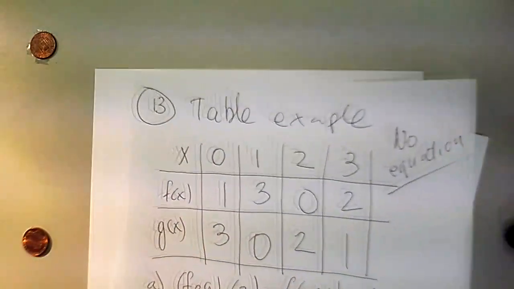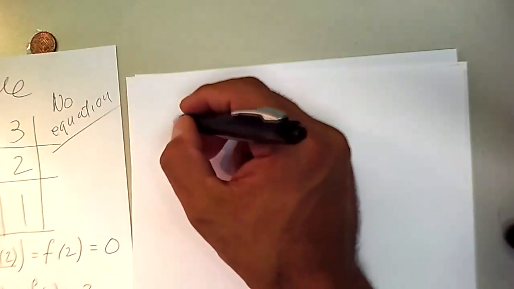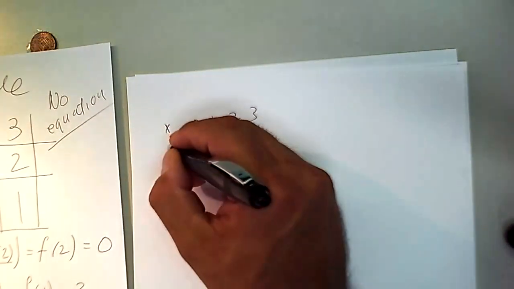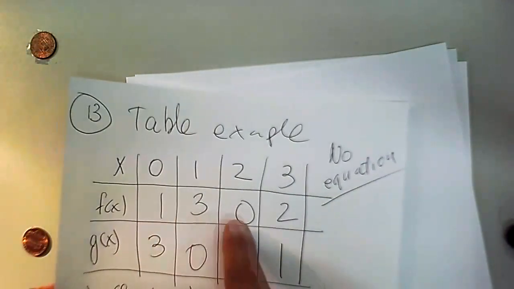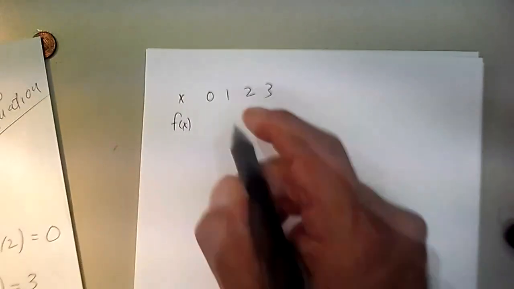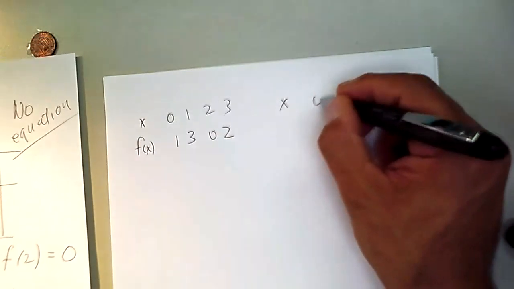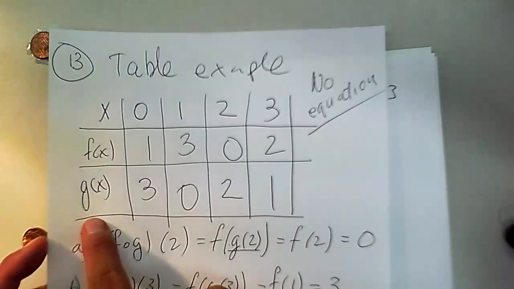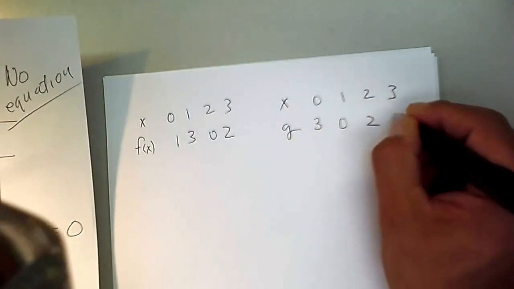So another way to write the same information, so same problem, but I'm going to write it in two tables this time so that you know the difference. So x 0, 1, 2, 3, f of x will be, I'm copying the same thing, 1, 3, 0, 2. x 0, 1, 2, 3, g would be 3, 0, 2, 1.